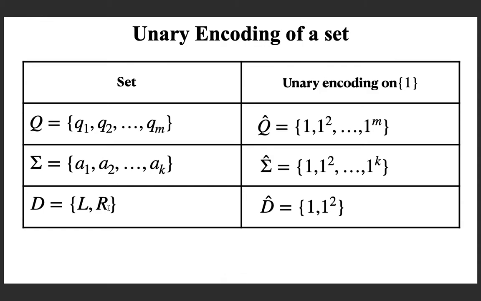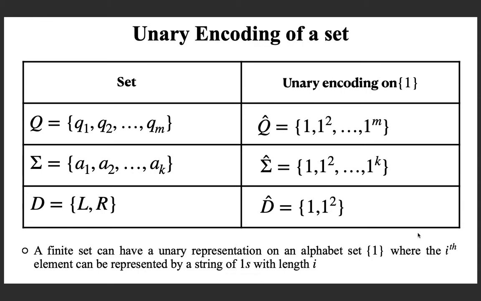So you can have a unary representation for representing the elements of a finite set. If you have this singleton alphabet set, then the ith element of that set can be represented by a string of ones with the length i, that is 1 to the power i.